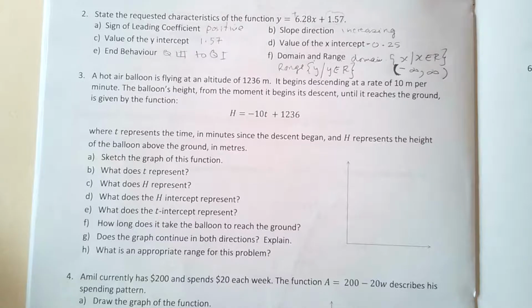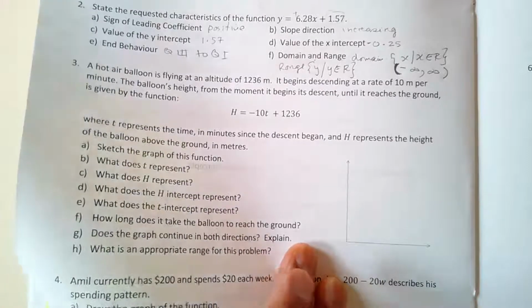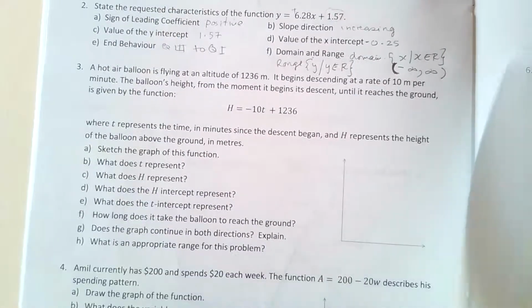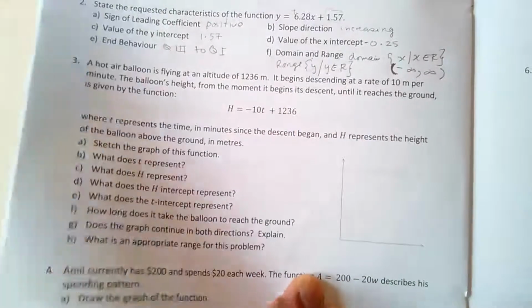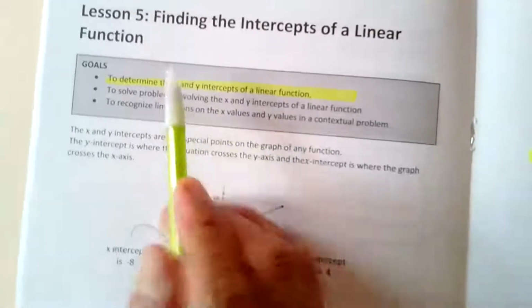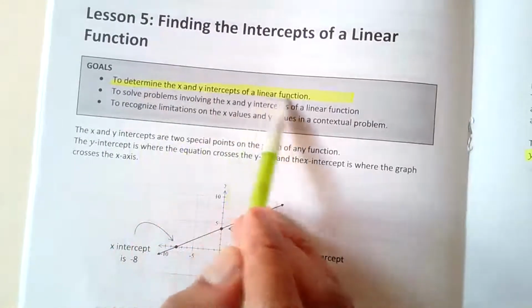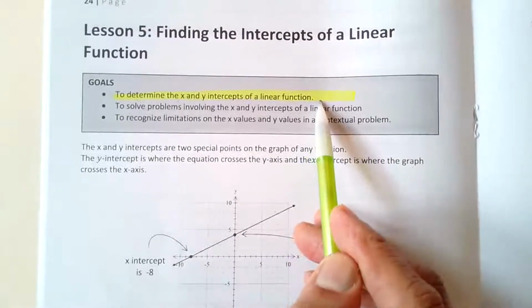So by now, you should be able to do the first part of assignment number 3 for Unit 3. Today, our main goal was to find the x and y intercepts of a linear function using the graphing calculator, using technology and algebraically.